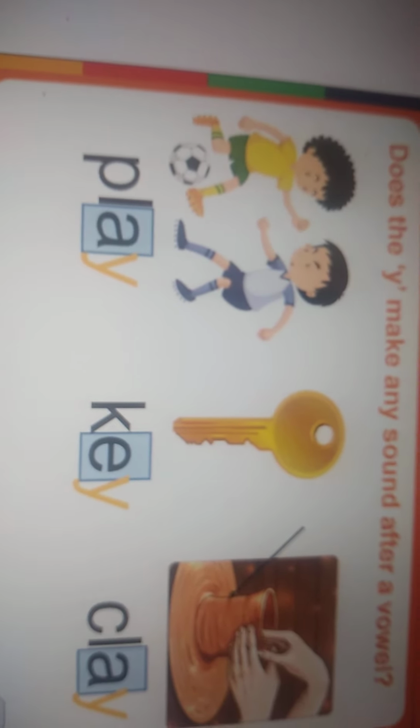If the letter Y comes at the end of the word, it gives you the sound of letter I. But here it is different. Play, A, not I sound, A sound. Key, E. Clay. So when the letter Y comes after a vowel letter, it becomes a silent letter.